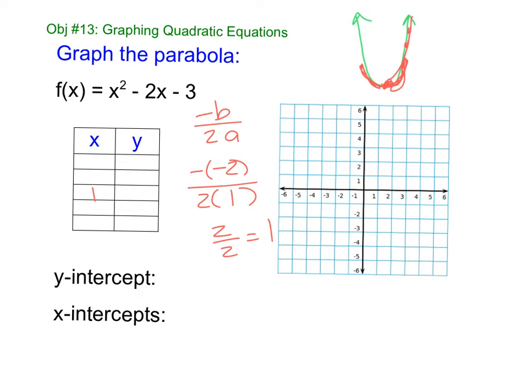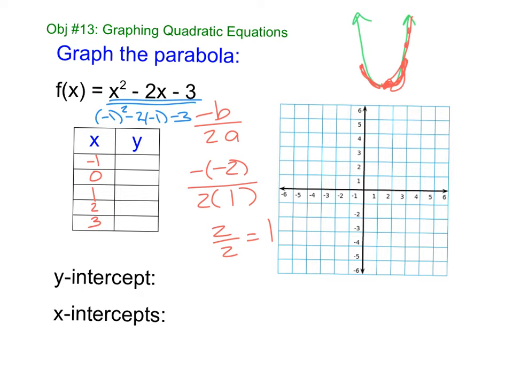So then I'm going to put the x's that are around 1. Below 1 is 0, negative 1. Above 1 is 2 and 3. Now all we're going to do is plug into our function. Negative 1 squared minus 2 times negative 1 minus 3. And you are welcome to use your calculator to do this.